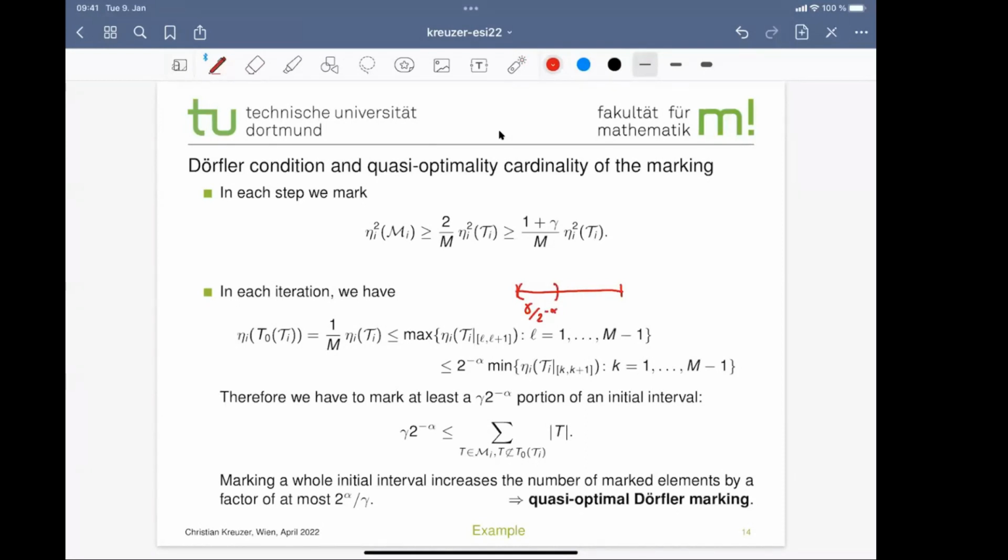And because you have a uniform refinement of the whole interval, you can mark the whole interval and only increase the number of marked elements by a fixed factor of at most 2 to the power of alpha. I think that's a sign mistake, there's a plus here: 2 to the power alpha divided by gamma. Okay, so that's the trick why you get quasi-optimal or almost optimal Dörfler marking here.